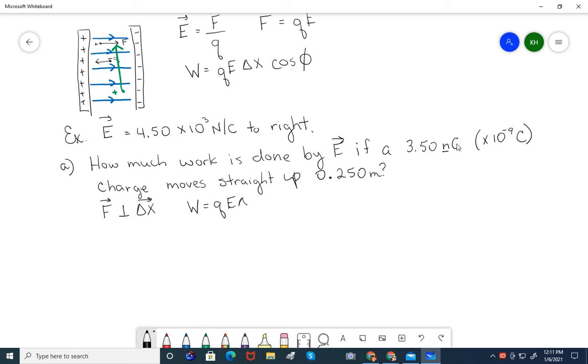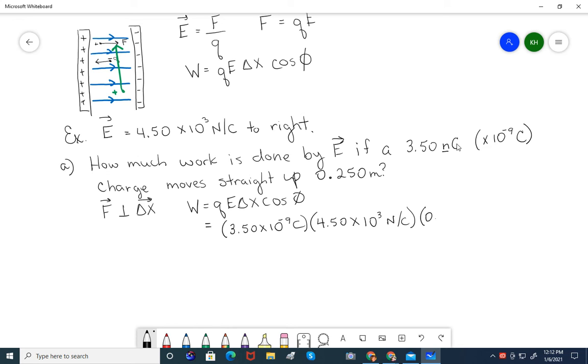QE delta X cosine phi, our charge, 3.50 times 10 to the negative 9 coulombs. There's our electric field, 4.50 times 10 to the third newtons per coulomb, so that's our force.